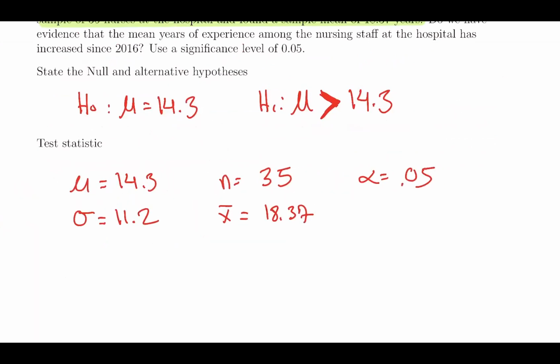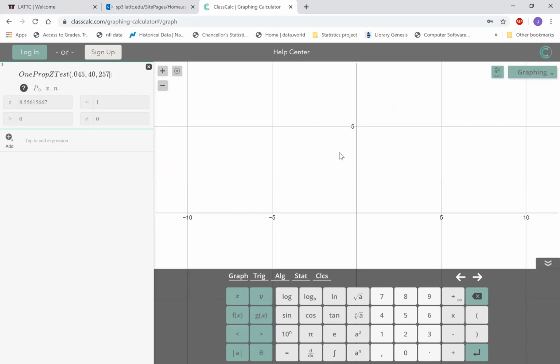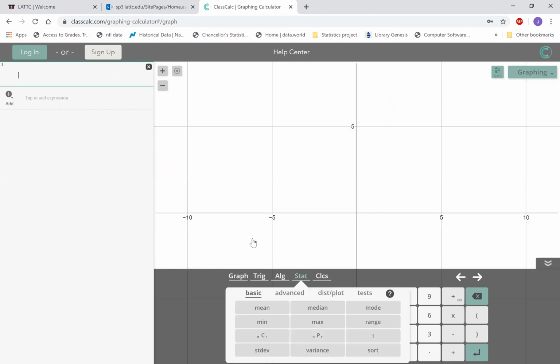So I'm going to transition over to ClassCalc. Let me erase this. We're going to go over here where it says stats, then go to test. 8.2 was the one prop z-test. For 8.3, it's just going to be a z-test. So you go right here where it says z-test.